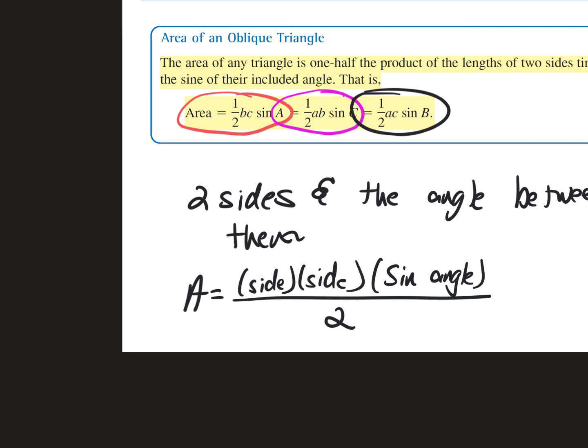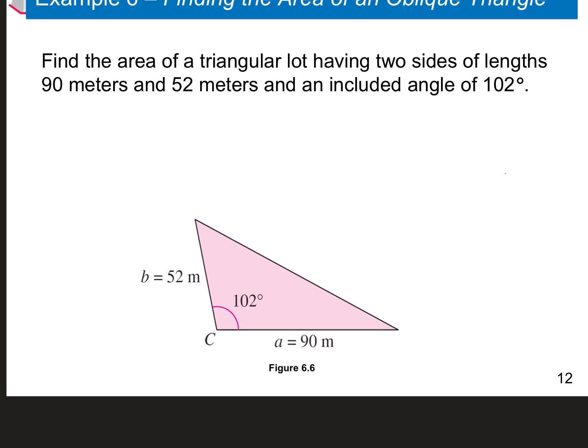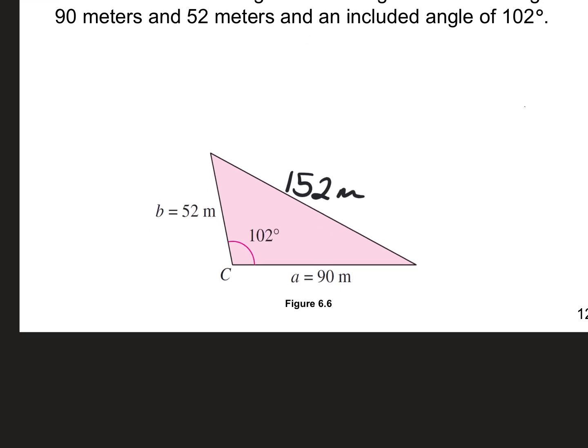So when you look at a problem like this, obviously it's already drawn for you. Just say they told you that this side was, I don't know, 152 meters. All right, think about the information you need in order to use the formula that we just talked about.